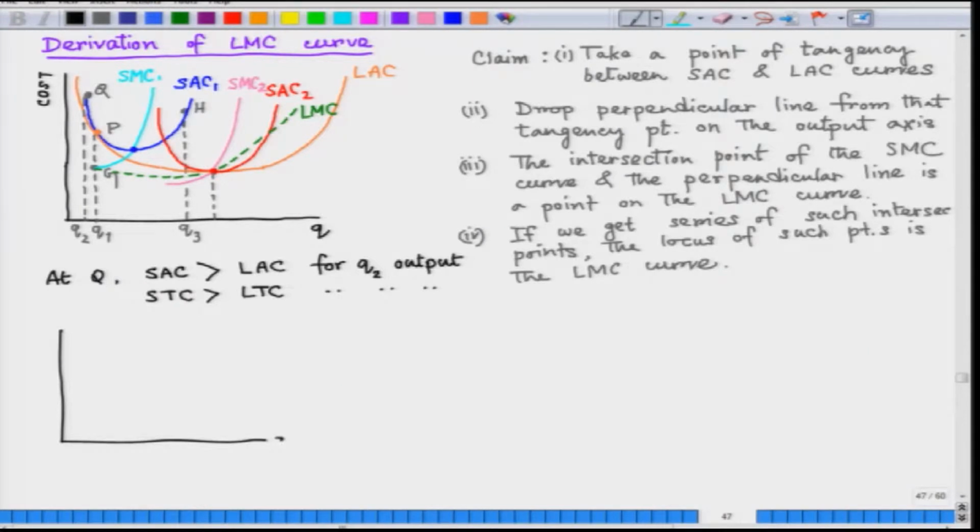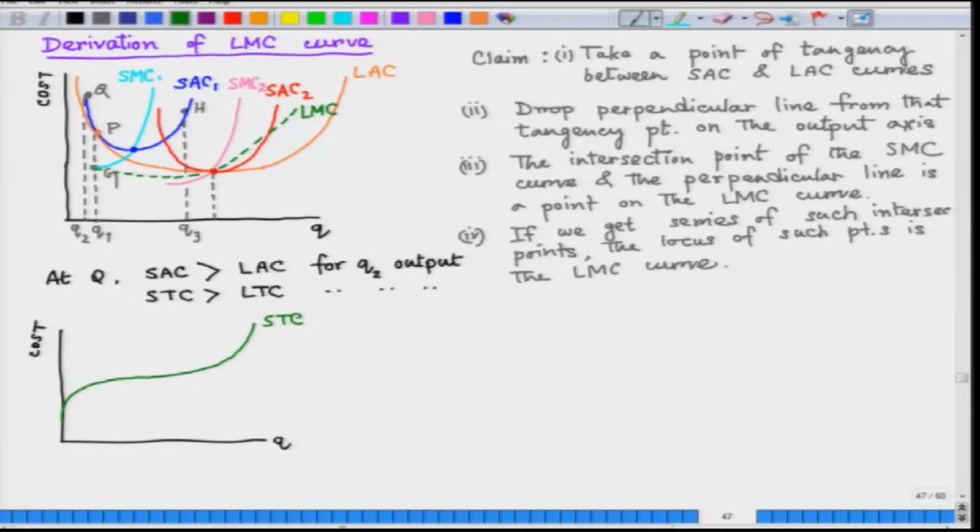So we measure output and cost, and then we can draw a short run total cost curve as an inverse S shaped curve like this, right.